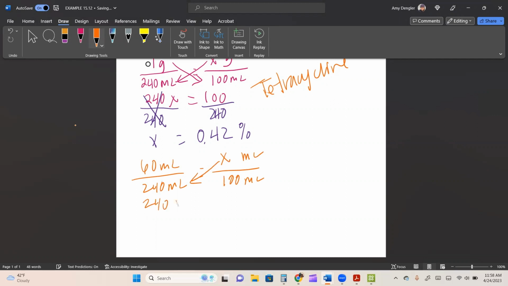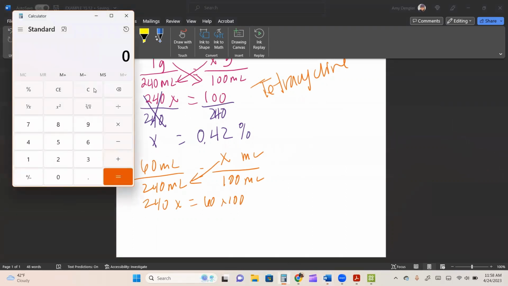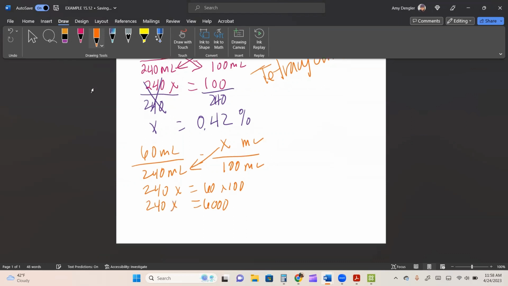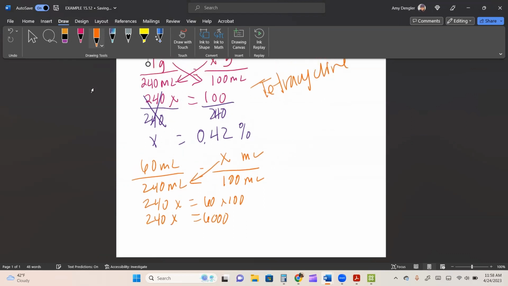So 240x is equal to 60 times 100. So 60 times 100 is 6,000. And then we have 240x. So we want to get X alone, so we're going to divide each one by 240.